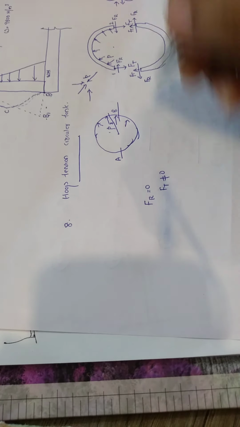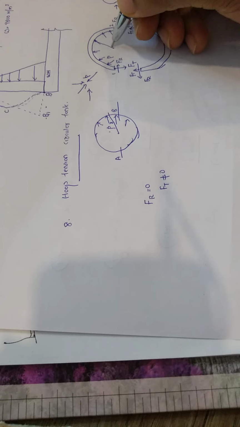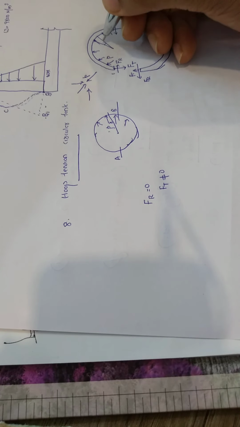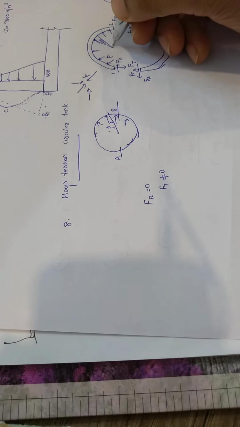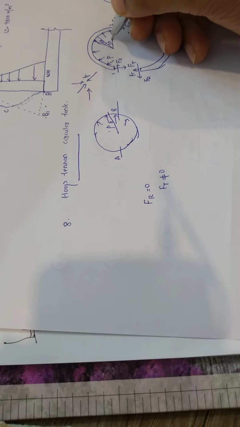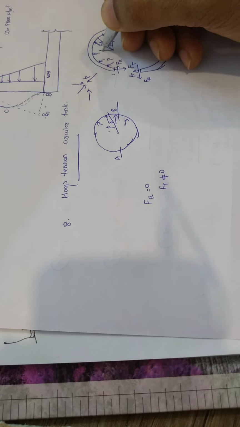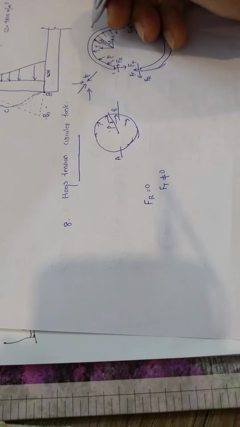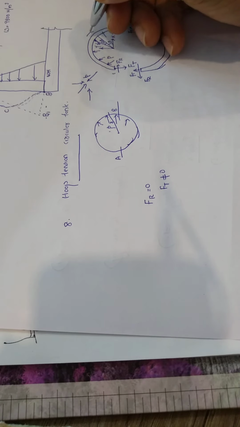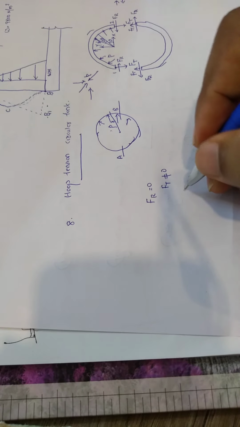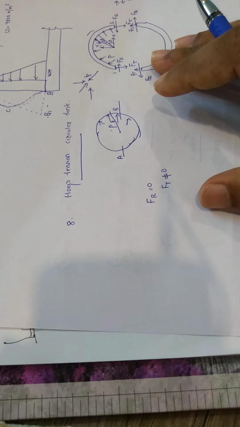For Ft, if I take a small element over here, let this be delta theta, and let this be theta from X, and this be the Y direction. The elemental arc length will be r delta theta, right?